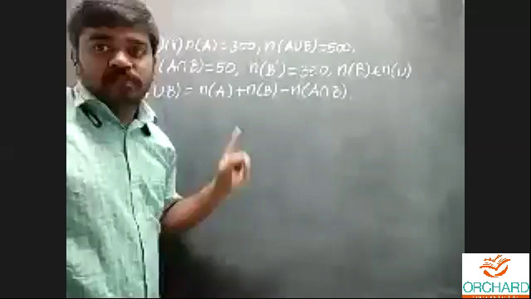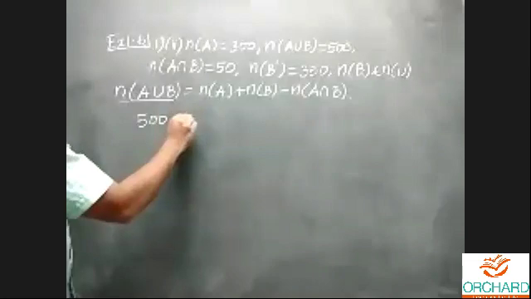Now we can substitute. What's the value of N of A union B? 500. And N of A is 300. We don't know N of B, no problem, as it is we'll write it. Minus N of A intersection B, which is 50.